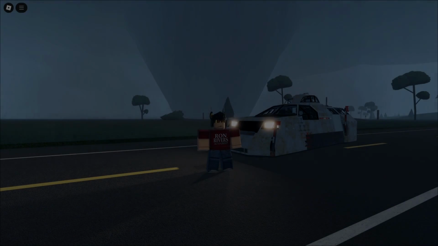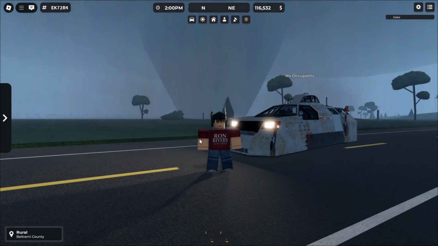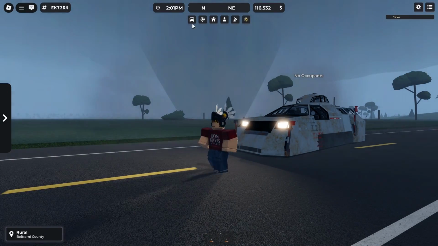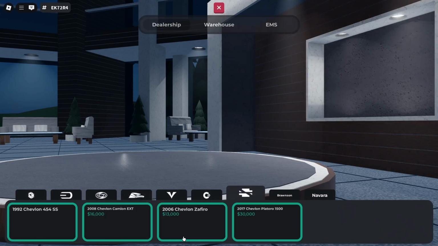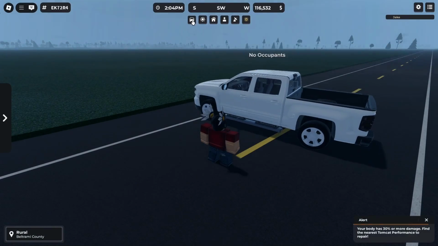For the third tip, how are you going to record these insane winds? There's something in this game called probes, which is amazing at this. We'll go ahead and spawn this vehicle in, for example.